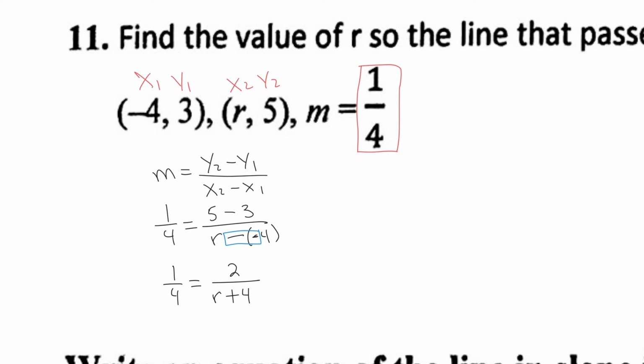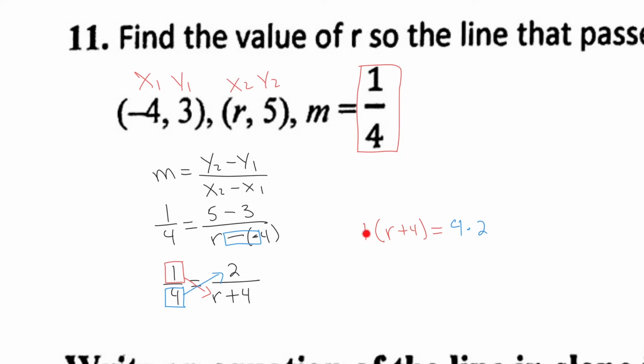I have a proportion. I can solve for r if I cross multiply. So first I'm going to cross multiply this number, 1 times r plus 4. I ran out of space, so I'm going to do the work on this right side, on the white space. So I'm going to multiply 1 times r plus 4 equals, and then I'm going to multiply 4 times the number across, 4 times the 2.